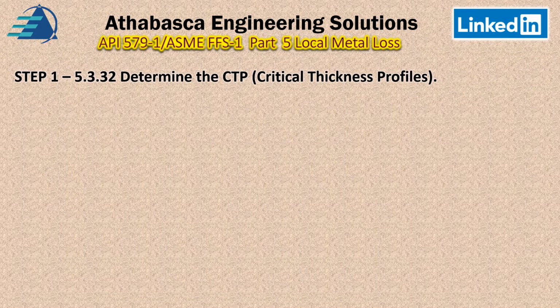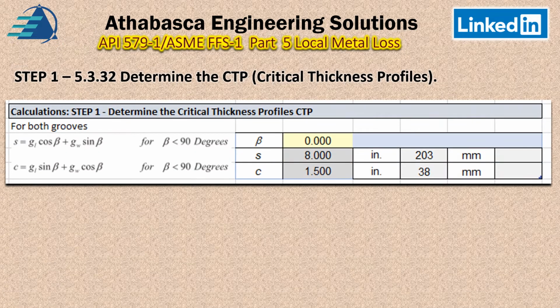Okay, we're going to calculate step 1, which is 5.3.2, excuse me, and we're going to determine the critical thickness information and what we need to do. So S and C is calculated with this equation, and every case is different, so you have to look at the geometry.